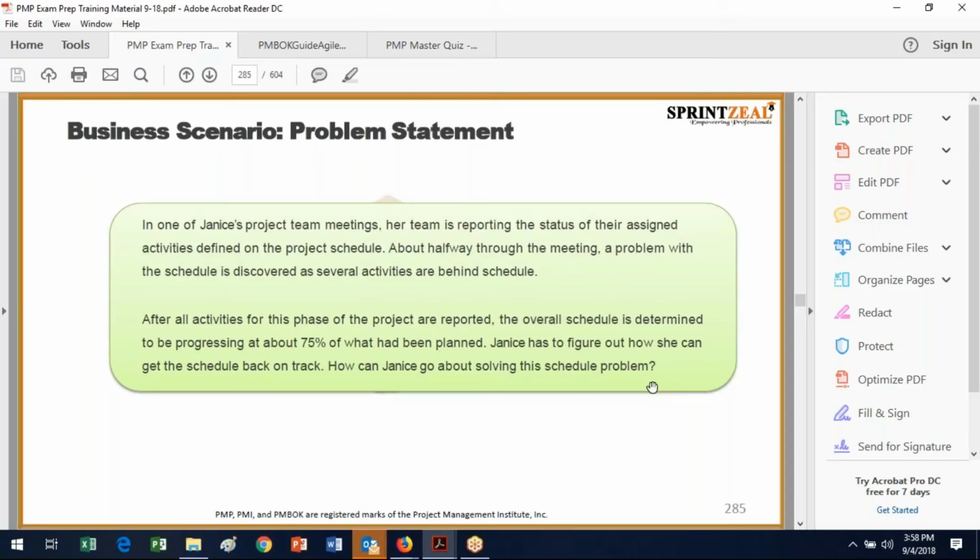I want to understand where we're falling behind as far as tasks. I would want to determine my activities and at what rate they're flowing.